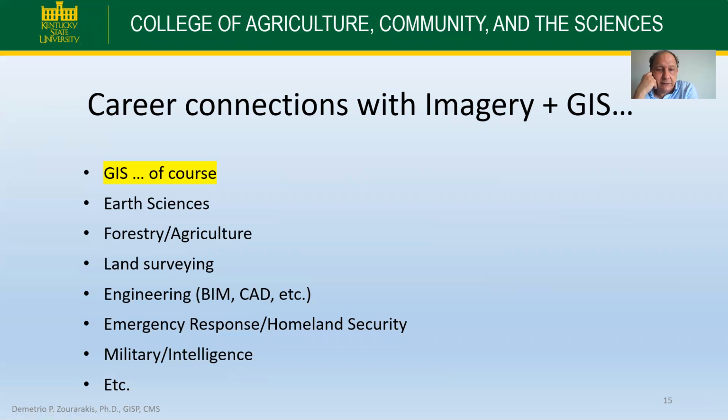And the inside now. There are all kinds of surveys that are done automatically that connect images with LiDAR, emergency response, homeland security, military intelligence. Those are the natural applications of imagery.